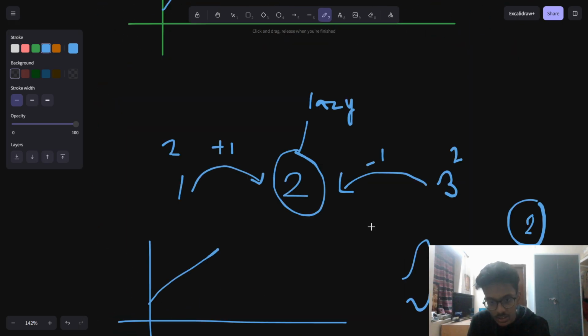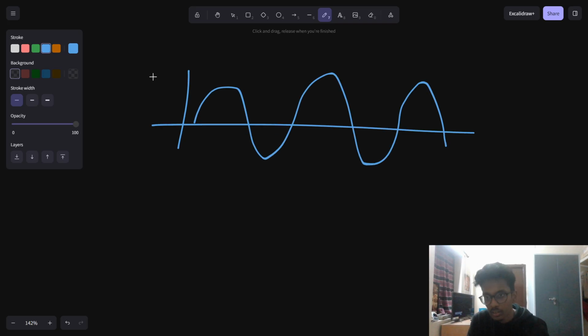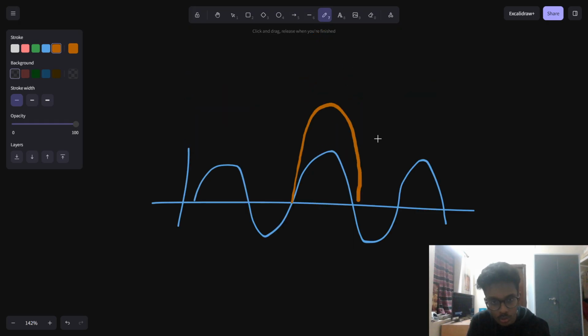All right. If somehow, let me tell you, this is the graph, and if you had to only increment, if you increment the maximum element, this would happen, which is something you don't want.